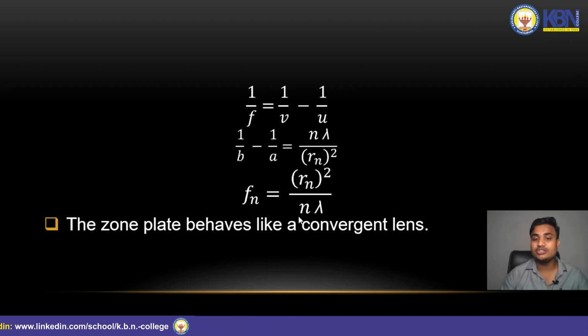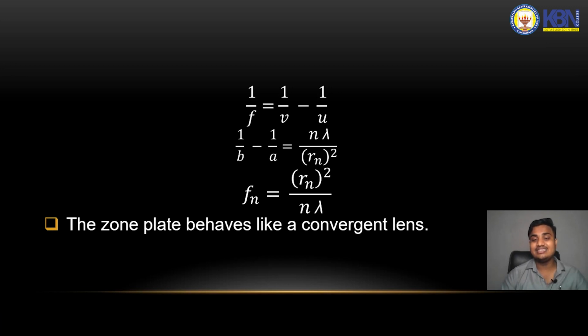Then the focal length of the zone plate is given by Fn is equal to Rn square by n lambda, where Fn is the focal length of the zone plate, Rn is the radius of the zone, n is the number of the zone, and lambda is the wavelength of the monochromatic light. Thus, the zone plate behaves like a convergent lens.